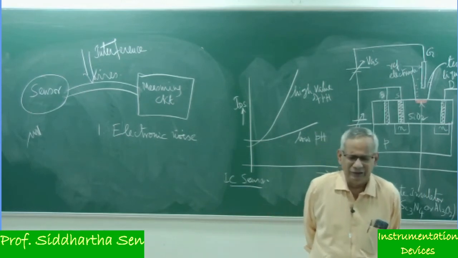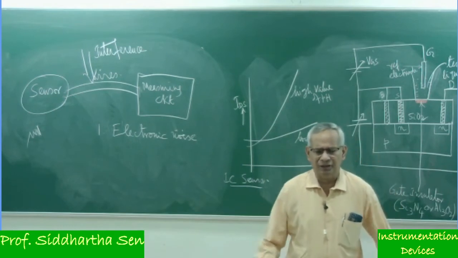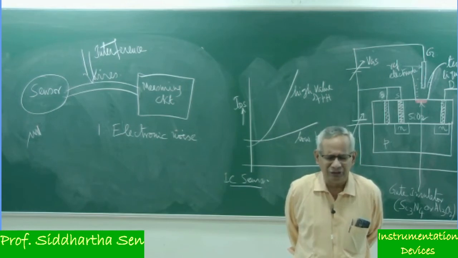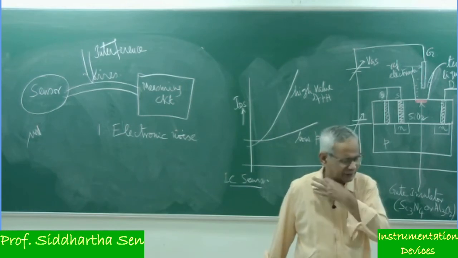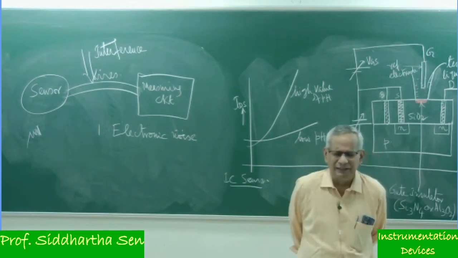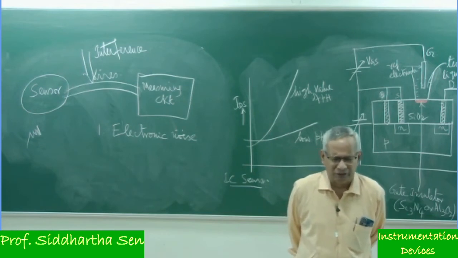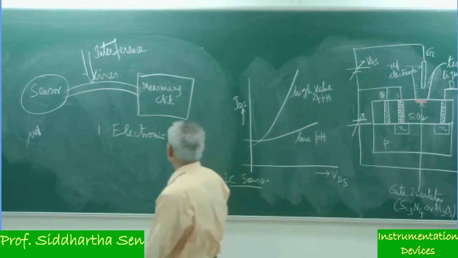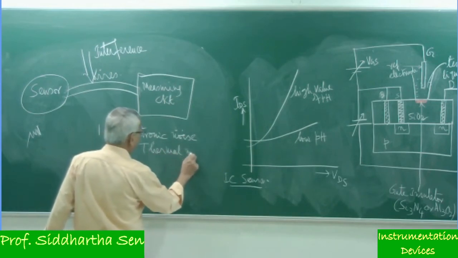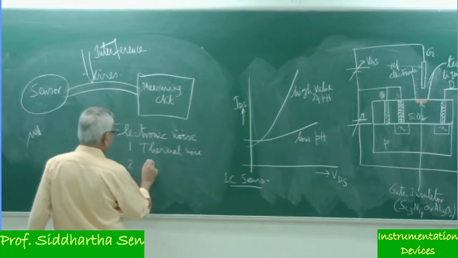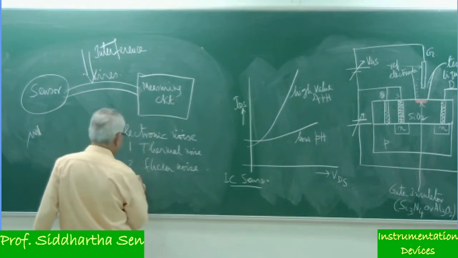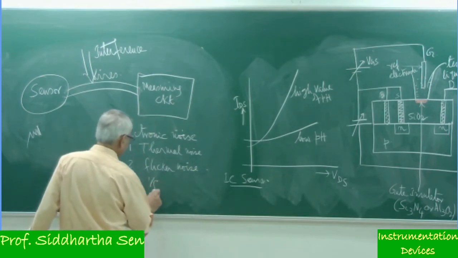One type is thermal noise: if we have a resistor, it will always generate some noise voltage due to the random fluctuation of electrons inside, and it depends upon the temperature. So one is thermal noise, and another is flicker noise, or 1/f noise.